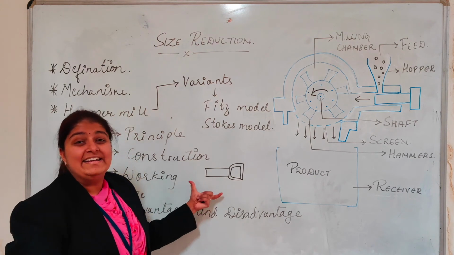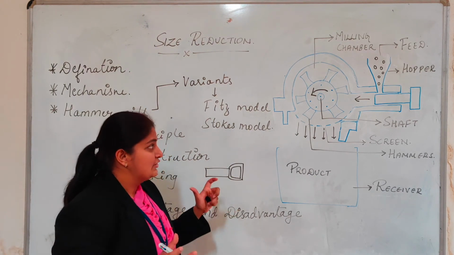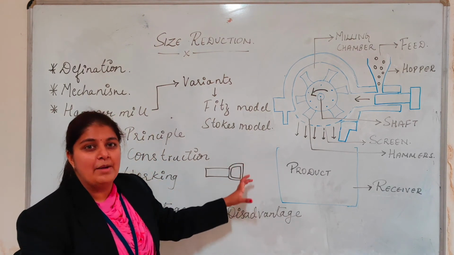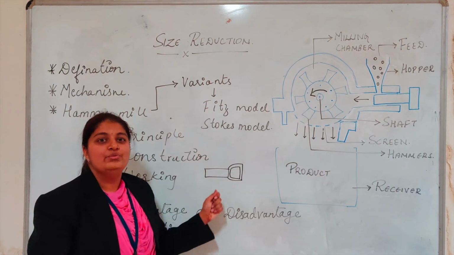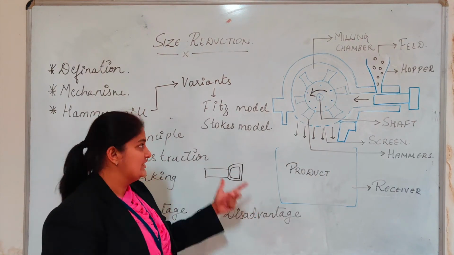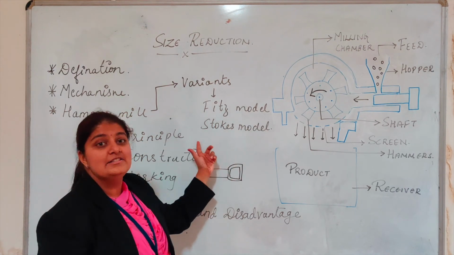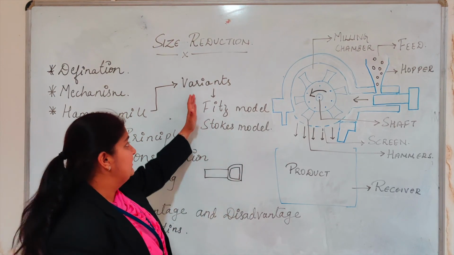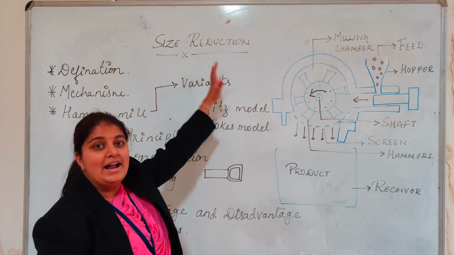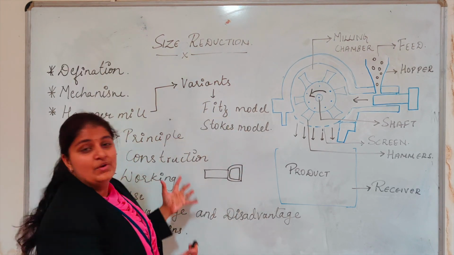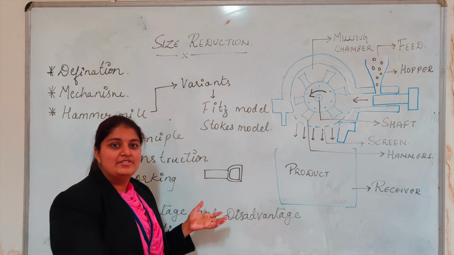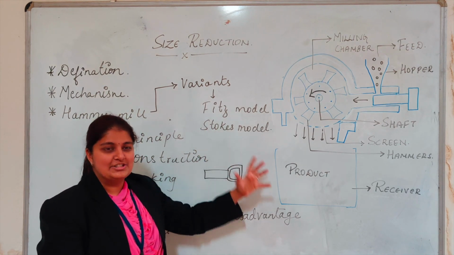This is very rarely used in the pharmaceutical industry. So always remember that the type of hammer used in the pharmaceutical industry is the bar type. There are two variants available, the fixed model and the Stokes tornado model. These two models of hammer mill are widely used in the pharmaceutical industry. So this was the overview of the hammer mill, which is widely used for the size reduction process.